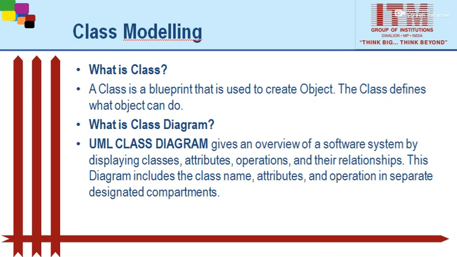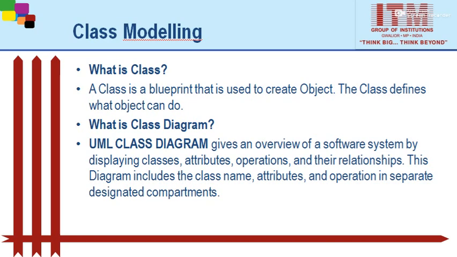Let us understand about class modeling in detail. But before going into depth, we need to first understand what a class model is, or you can say what basically a class is. As we have discussed, a class is a blueprint which is used to create objects.